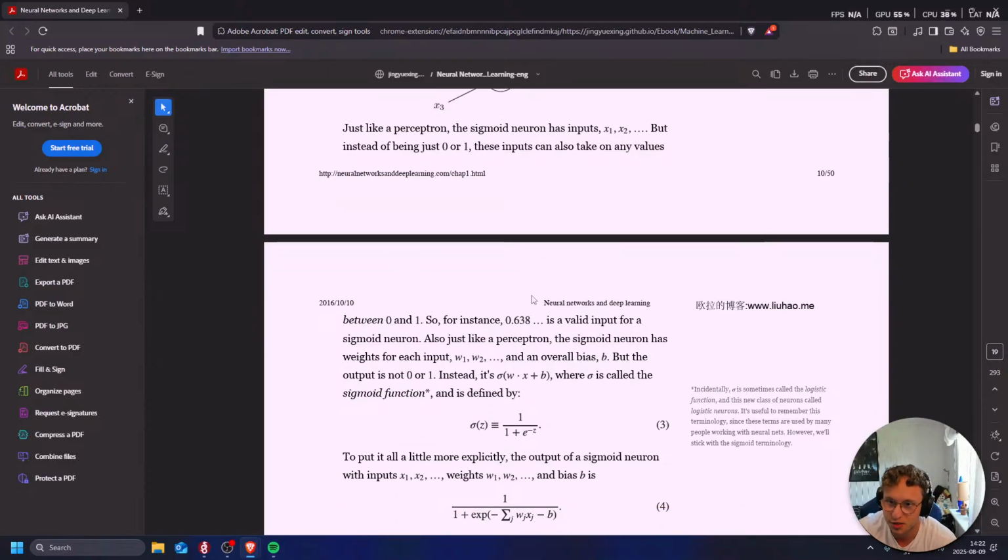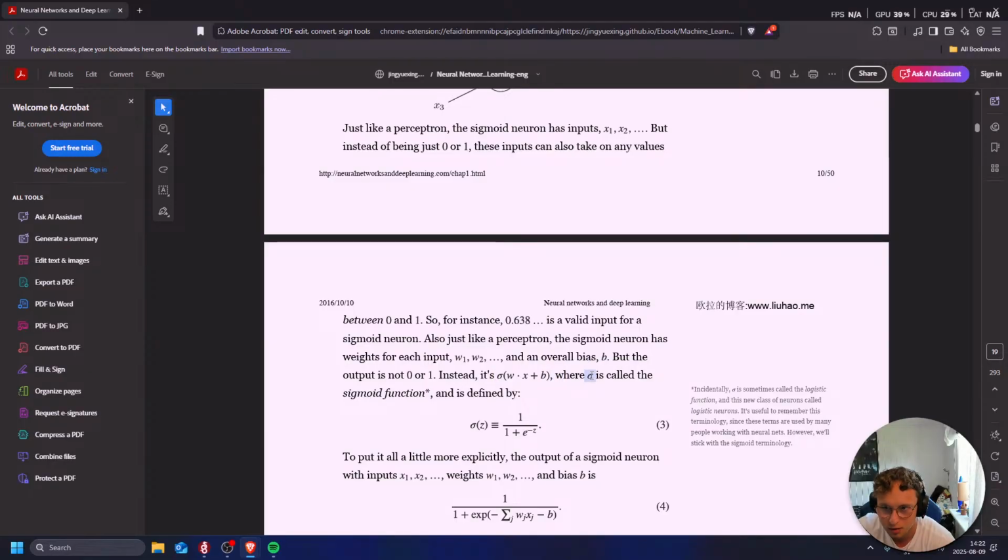Also, just like a perceptron, the sigmoid neuron has weights for each input. So we also have weights like W1, W2, and overall the bias B, which is a static number, right? But the output is not 0 or 1. Instead, it's this formula here, where I think this is a sigma, right?